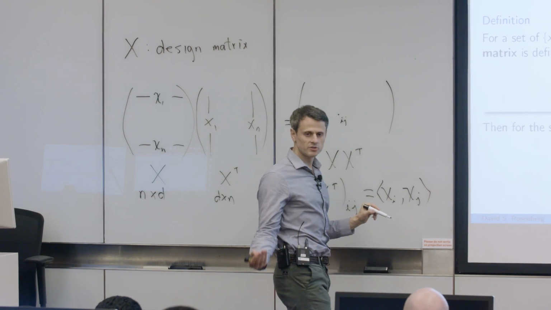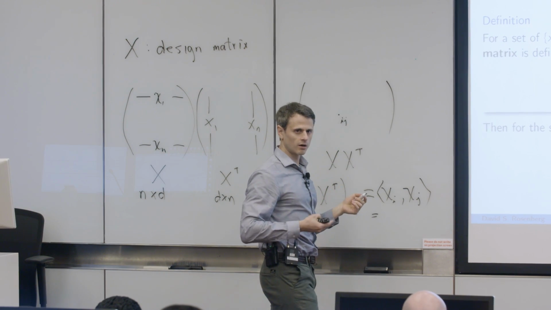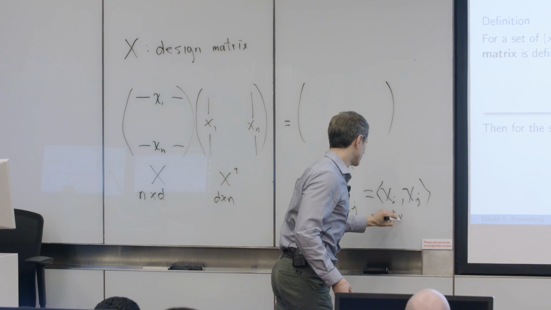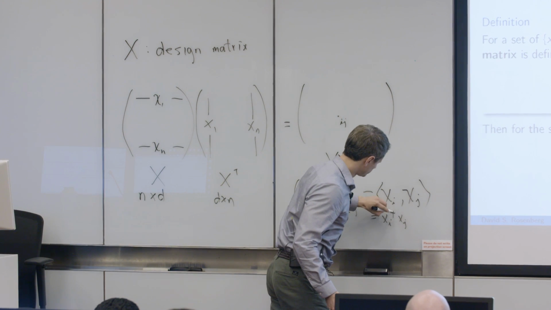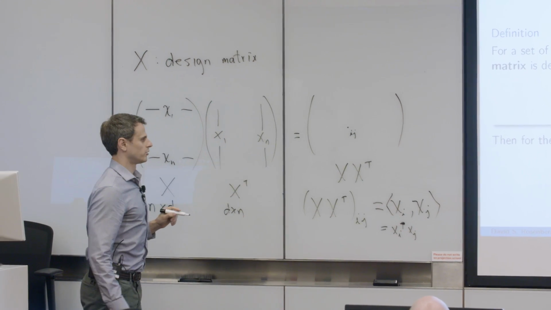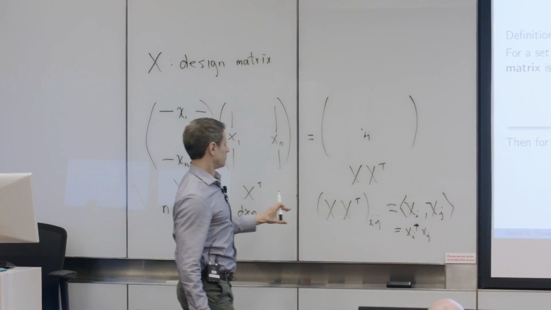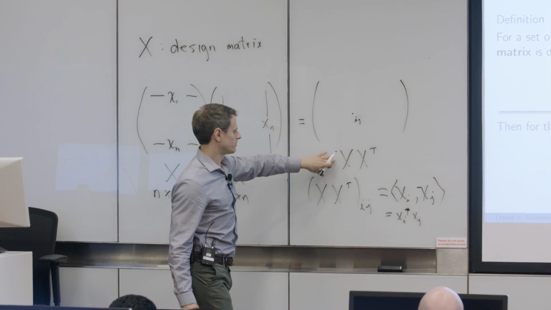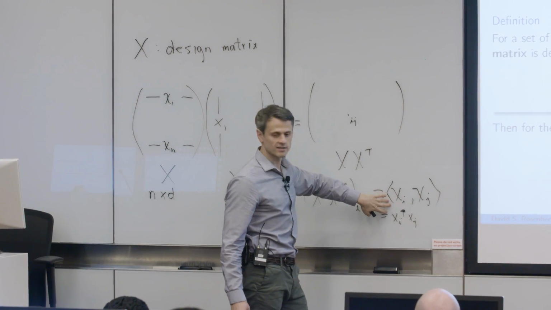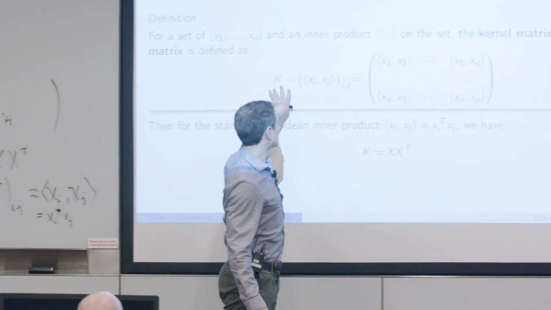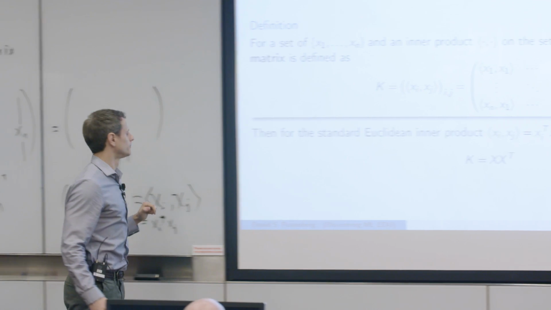In our usual notation where vectors are column vectors, we would write this xi transpose xj. So what we've shown here is that the ij-th entry of X X transpose is the inner product between xi and xj. So K is X X transpose.